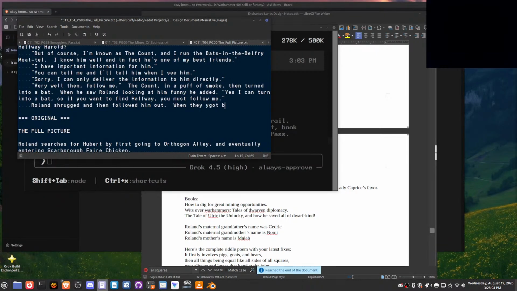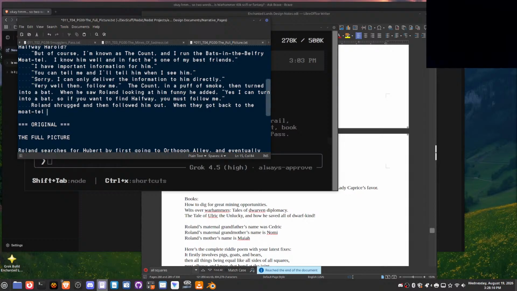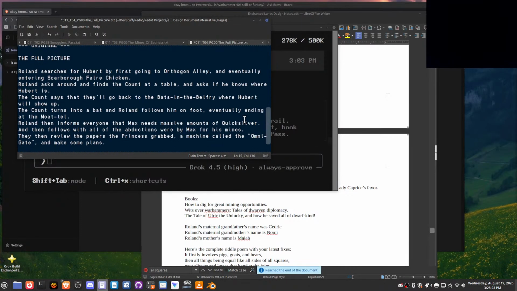And they got back to the hotel. Roland relayed the information to everyone involved. Is he there?